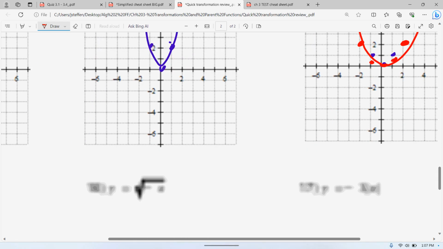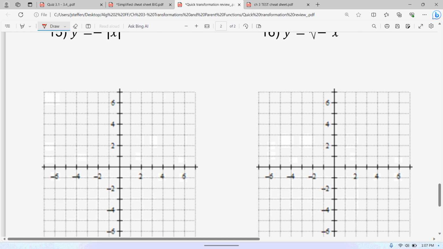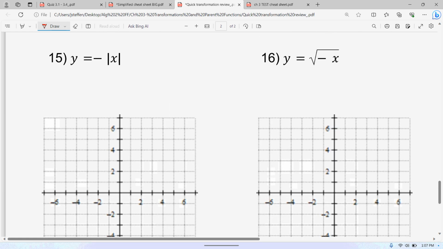And the last ones we have are the reflections. A square root. Our parent function. Points across the x-axis. Now again, I said if there's a negative, look where it's at.